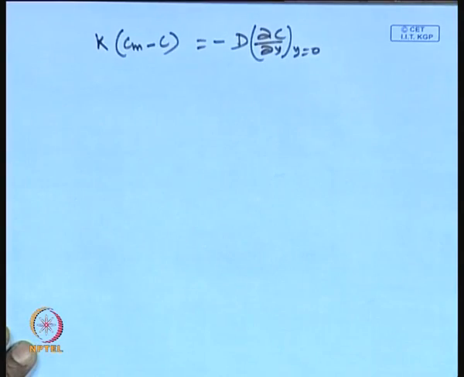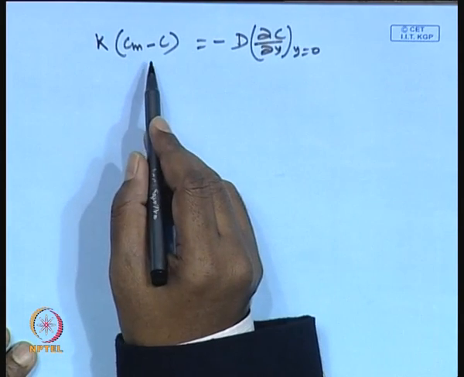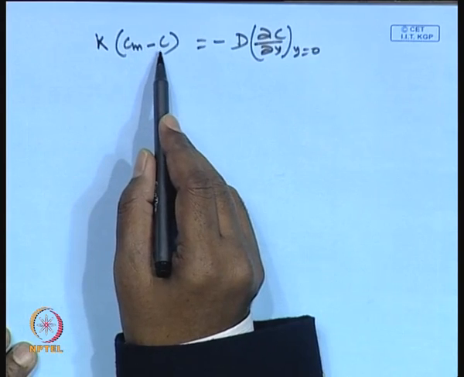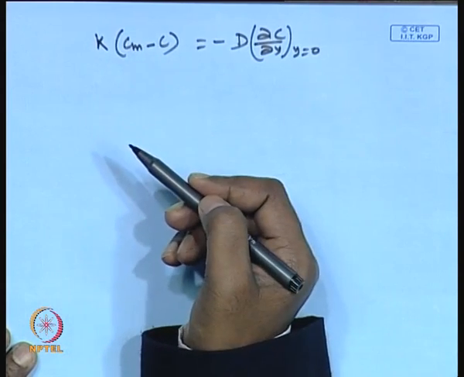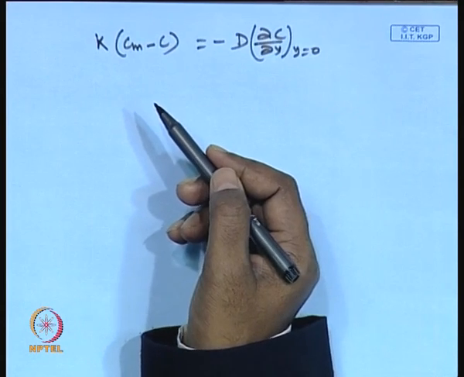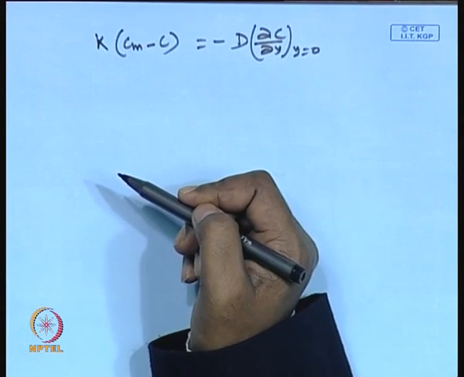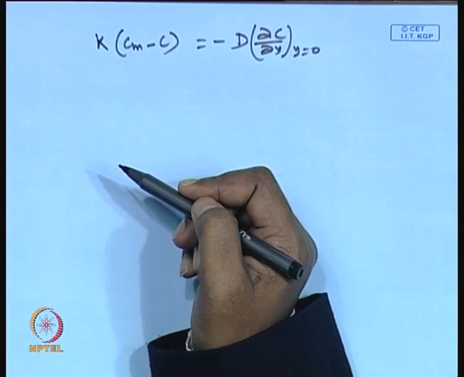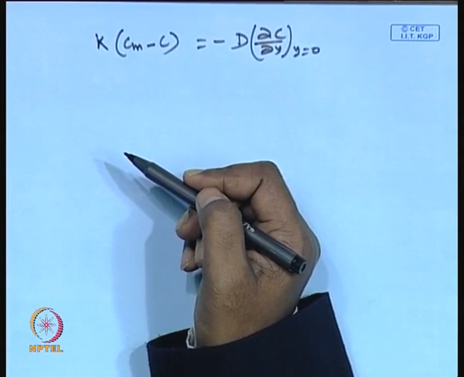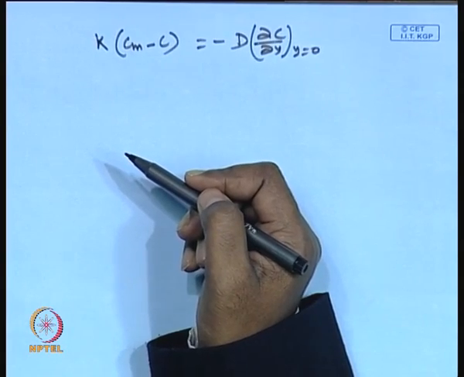If you remember the definition of mass transfer coefficient, we had k times concentration at the wall minus concentration at the bulk. Here in this case it is not C naught, it is C that is appearing in the governing equation. So, my bulk conditions are now a function of x as far as the module is concerned. Previously they were treated as constant. Now, they will be a function of x. That is the only difference.